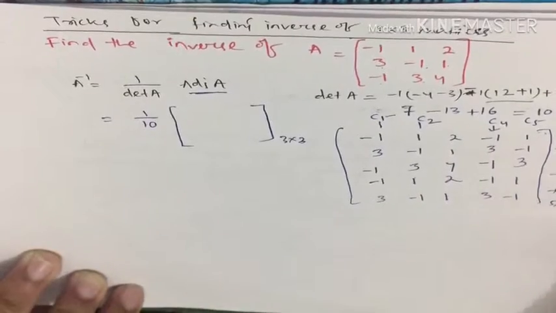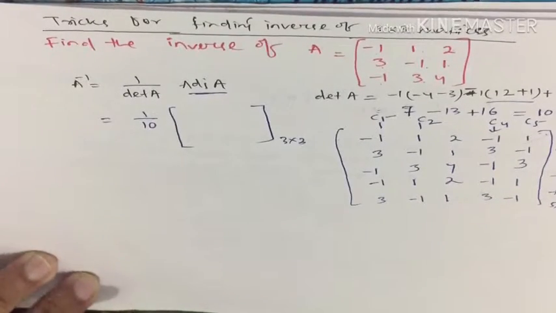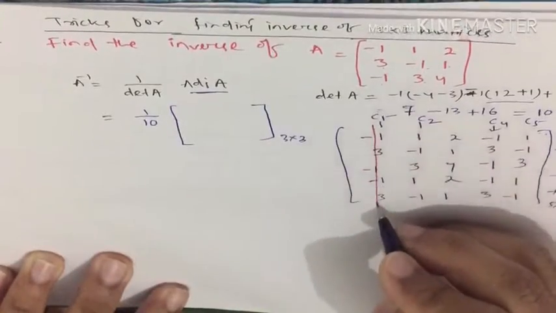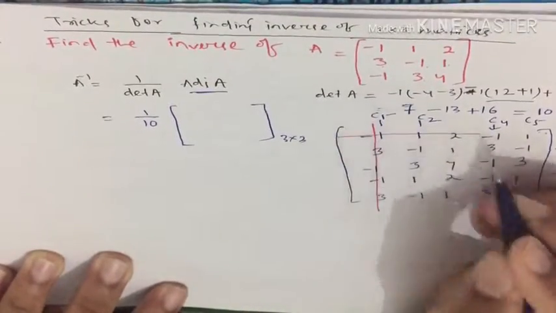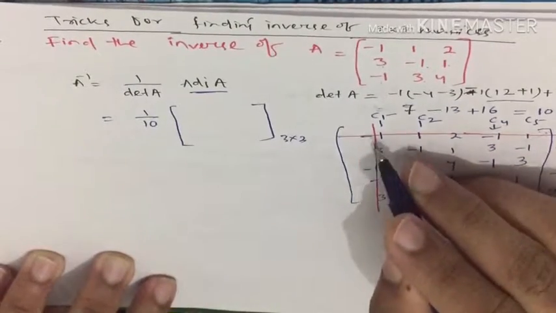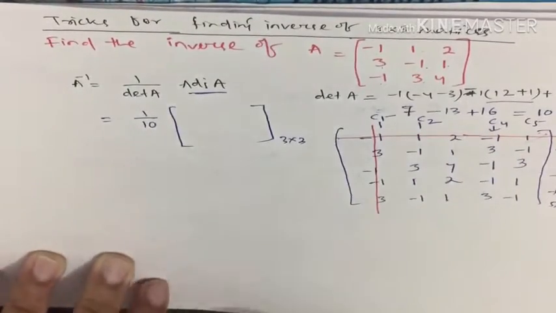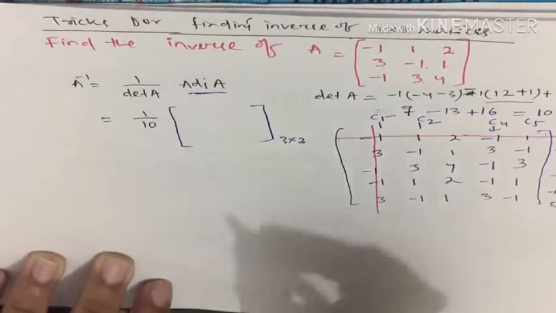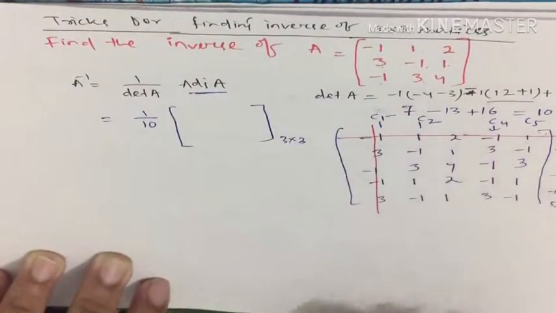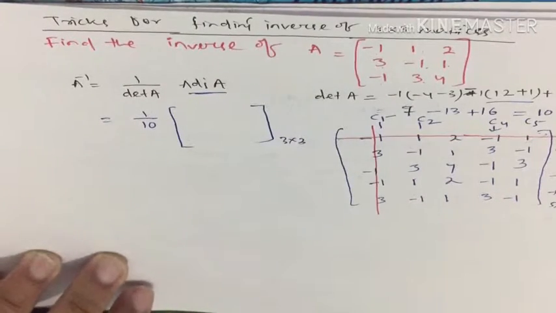So what to do now? Just follow the steps. Just delete the first row and first column. Then start writing the entries from the consecutive rows by applying this formula.